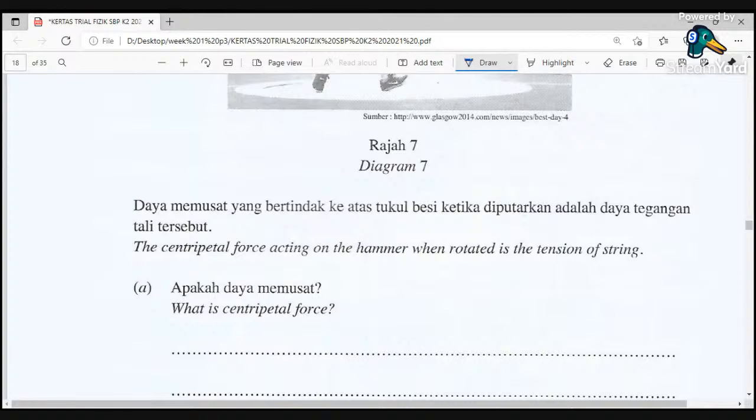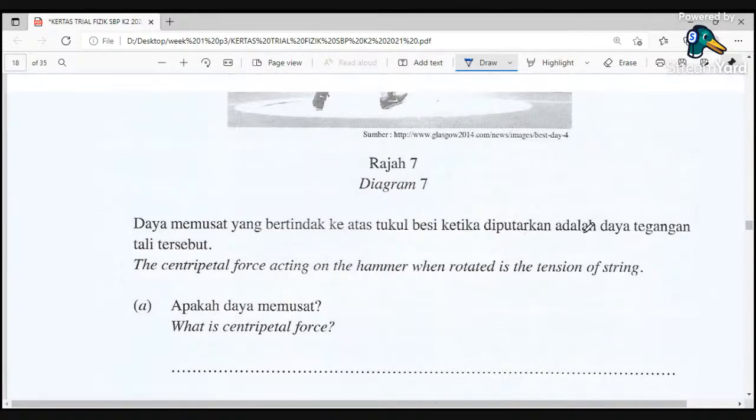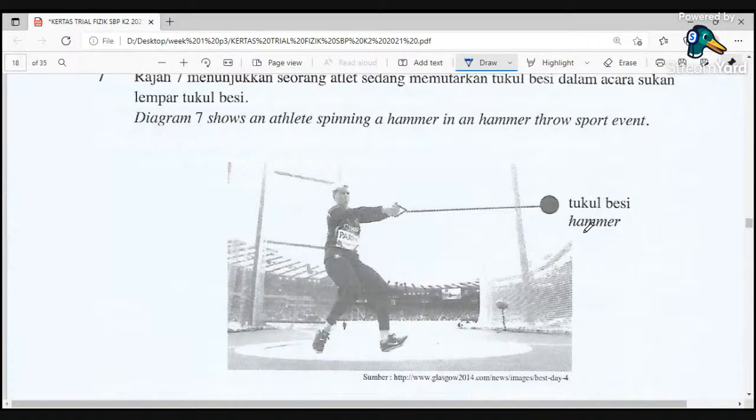What is centripetal force? Okay, so the centripetal force is this one. Okay, there's a gravitational force equals to centripetal force.